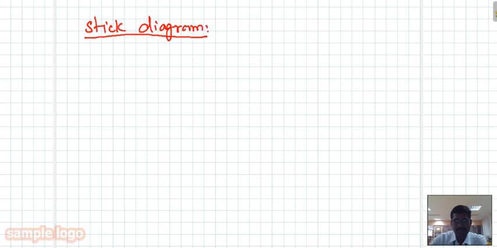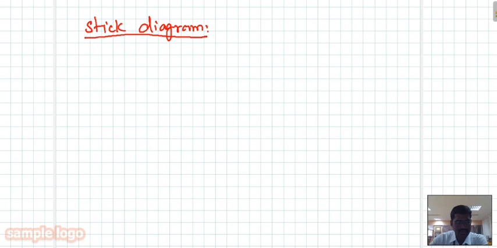A stick diagram we draw without any dimension, but a layout diagram we have to draw with dimension. So this is a major difference.